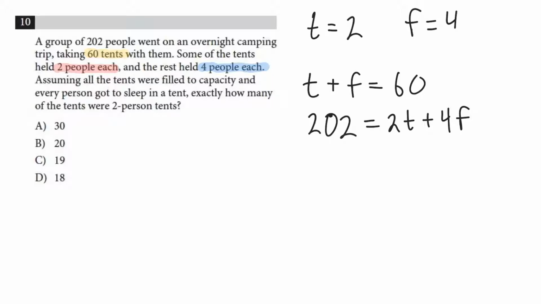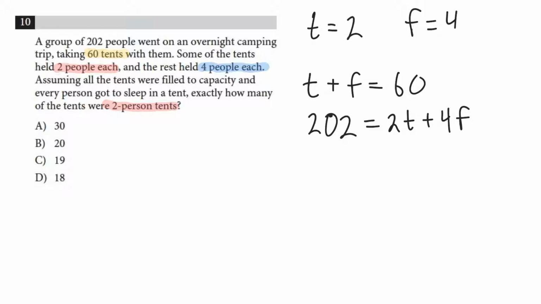Okay, so we have a system of equations here. We want to know how many people were in the 2-person tents. So we need to figure out the number of 2-person tents. That means that I want to eliminate the 4-person tents.